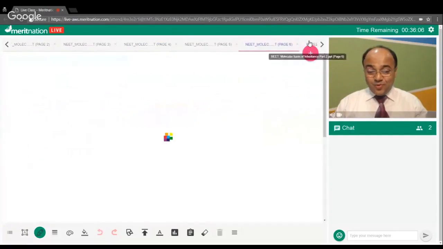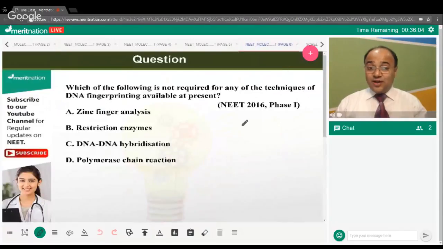Okay, let's move ahead and let us focus on the next question of the day. This is pretty interesting. Which of the following is not required for any of the techniques of DNA fingerprinting available till date?